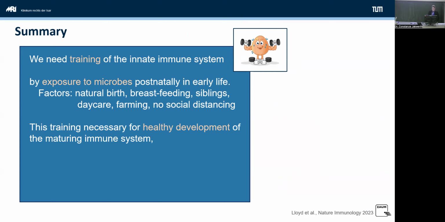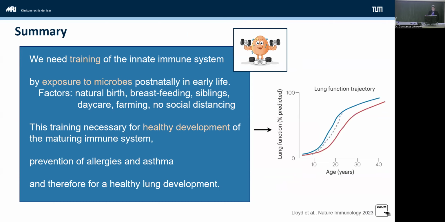This training is necessary for healthy development of the maturing immune system, for the prevention of allergies and asthma, and therefore, simply said, I have to say, for a healthy lung development. This is what I mentioned in the beginning. And lung, either you go this lung trajectory or this one over the age, you see this here, you don't catch up. They don't really catch up.